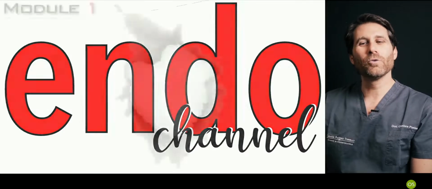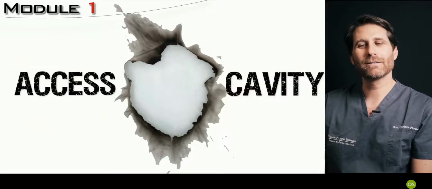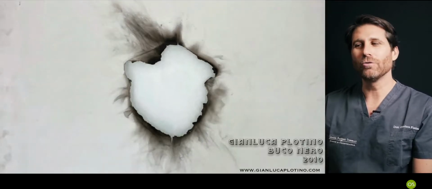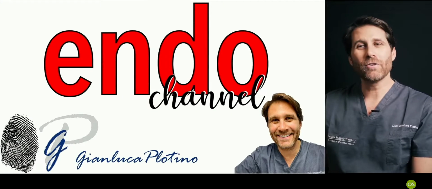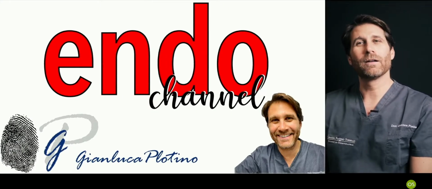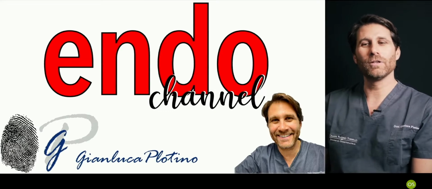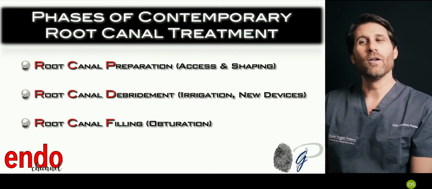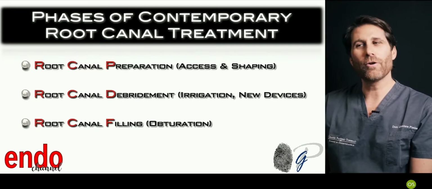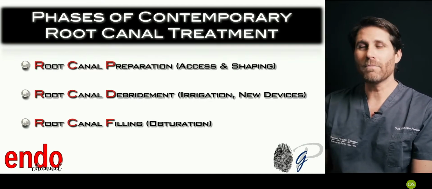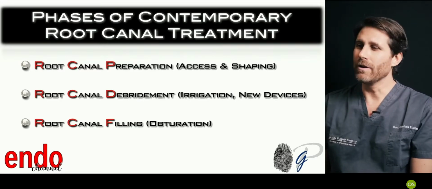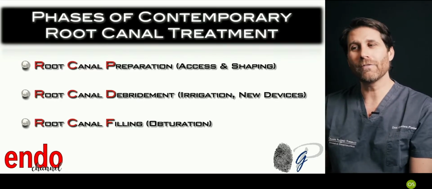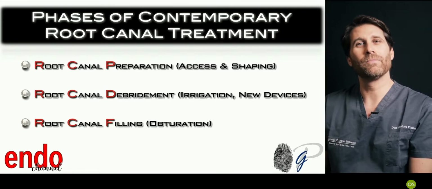This module will treat the access cavity and all the strategies on how to deal with this step of the root canal treatment. So this project of the Endo channel will be a journey through all the endodontic treatment, and as we know, the main phases of the contemporary root canal treatment are the root canal preparation that includes access and shaping, root canal debridement with irrigation with new devices, and the root canal filling of the three-dimensional anatomy through the obturation.